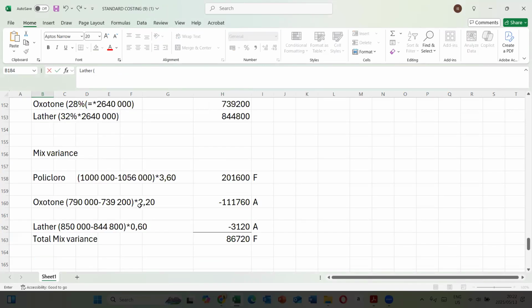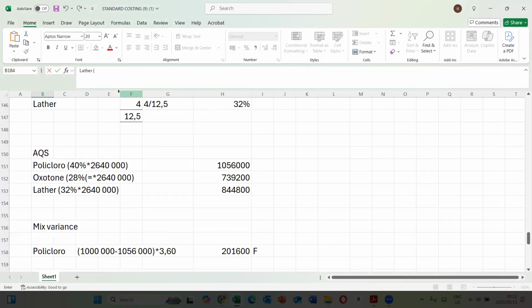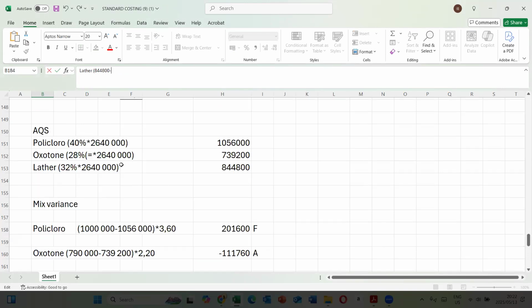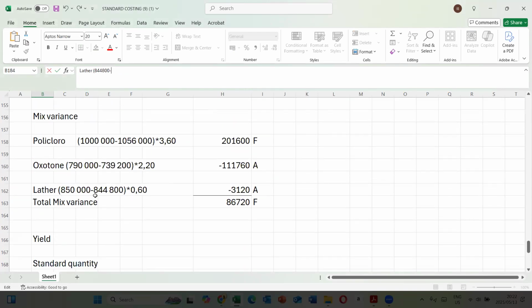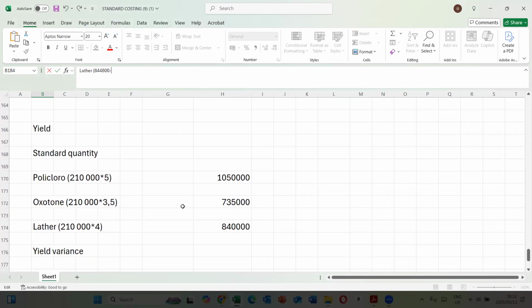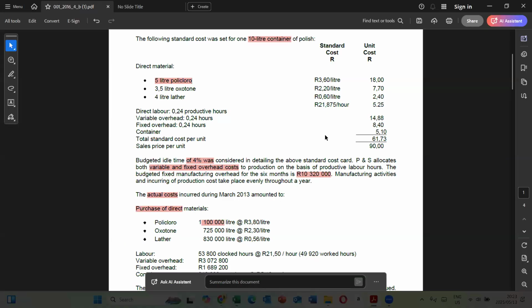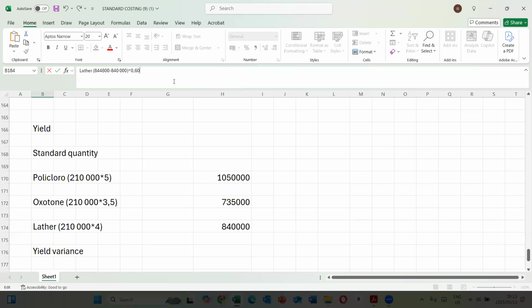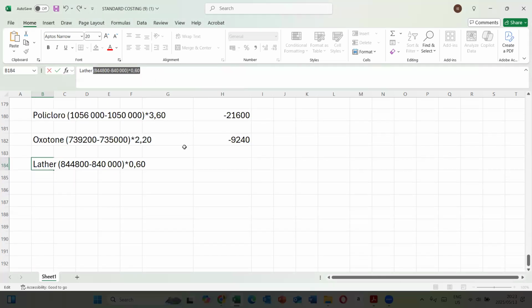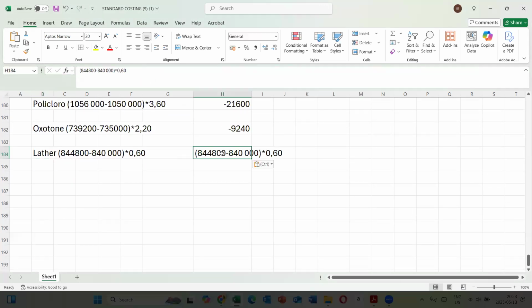So the actual quantity in standard proportion is 844,800 minus the standard quantity, which is 814,000. Then we multiply with 0.60 there. So it's also adverse.